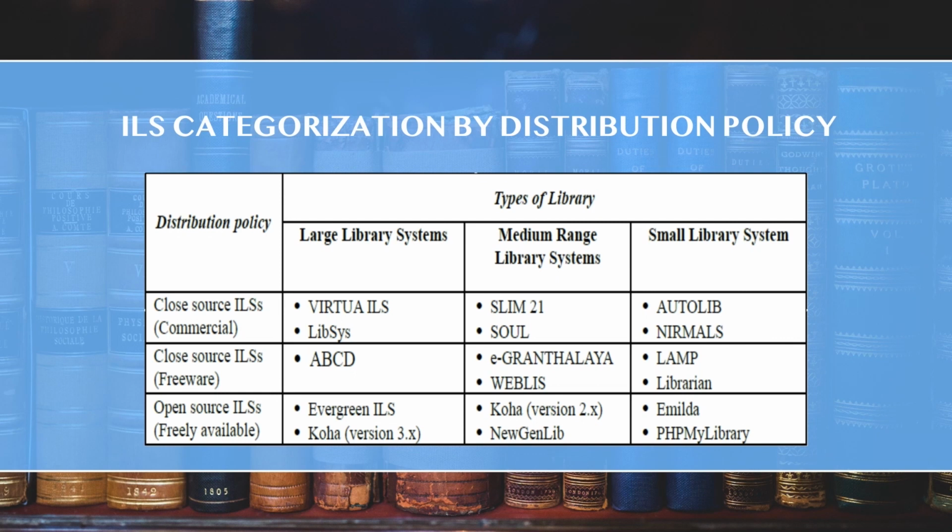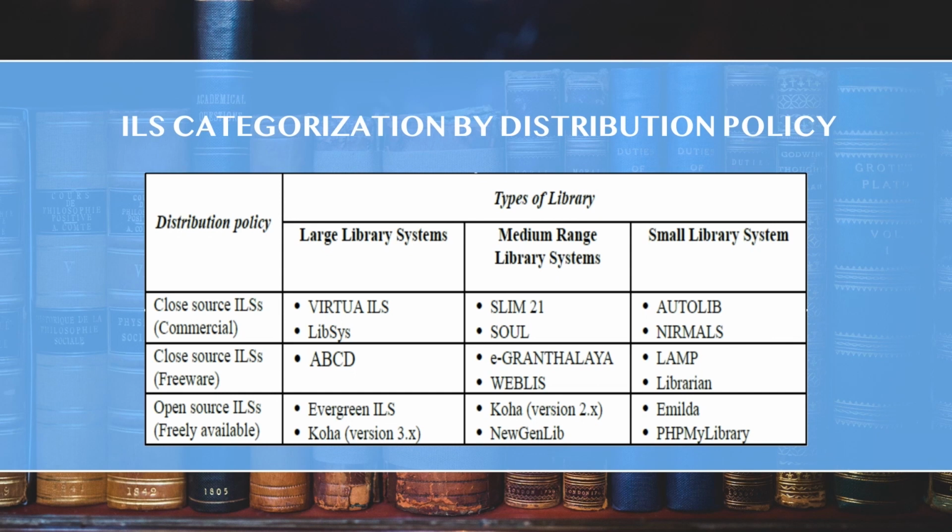So in the second group, we have closed source ILSs that are freely available for large scale library systems. ABCD is a web-enabled library automation software which utilizes CDSIC's version 3.0 at the backend and WWWISIS at the front end. Then in the open source category, we have Evergreen ILS and Koha version 3.x onwards for large scale library systems.